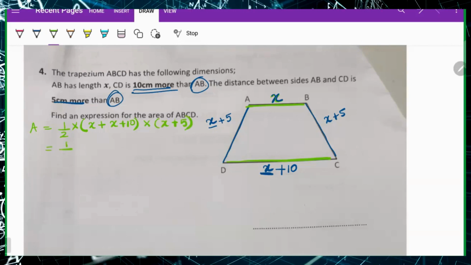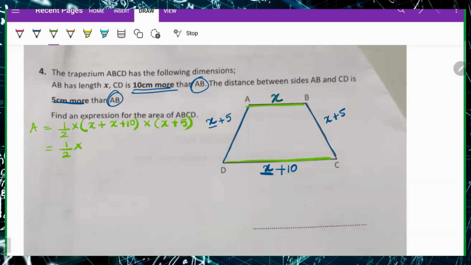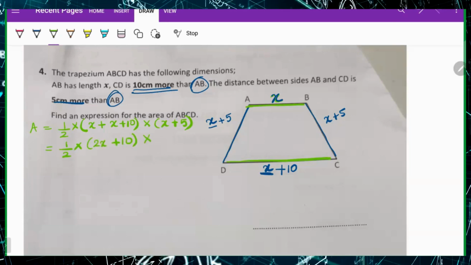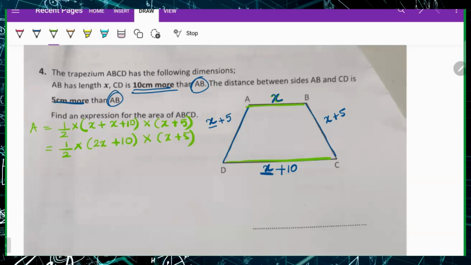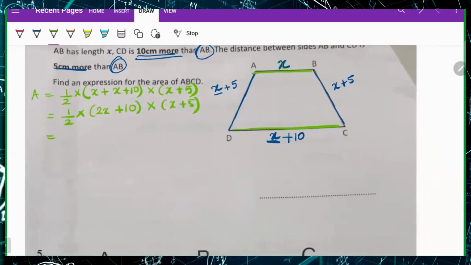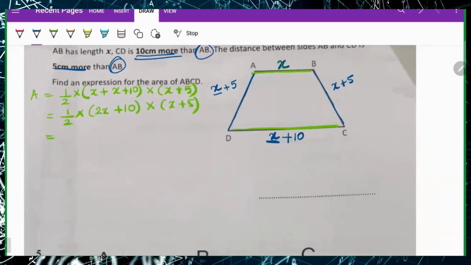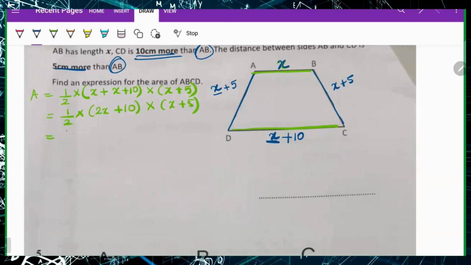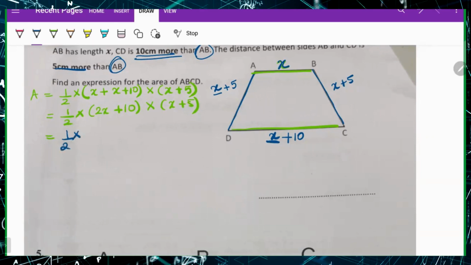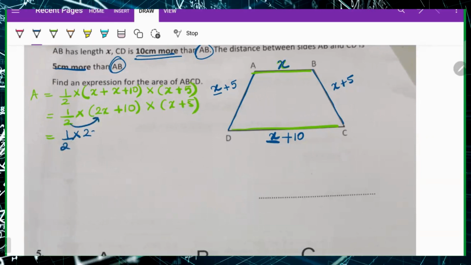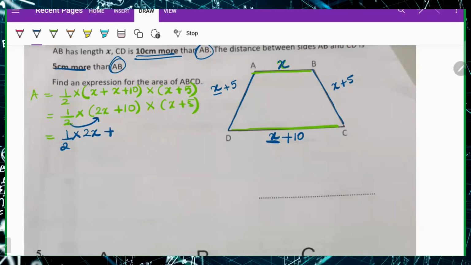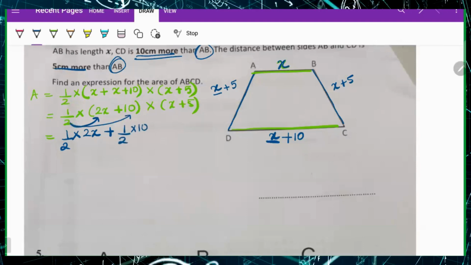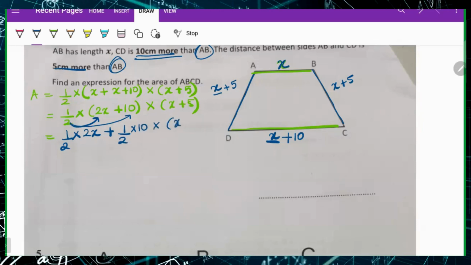This will be half into x plus x will give you 2x plus 10, into x plus 5. Now you have half which is common to 2x also and common to 10 also. So what will you do? You will do half like this, half into 2x plus half into 10, into x plus 5.